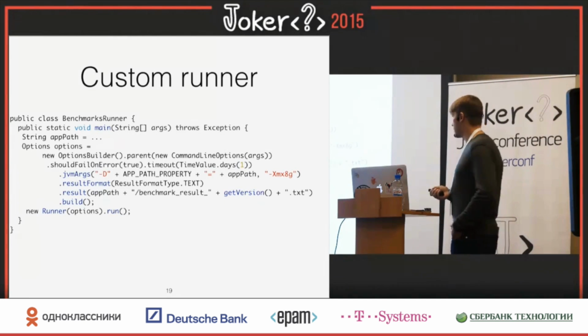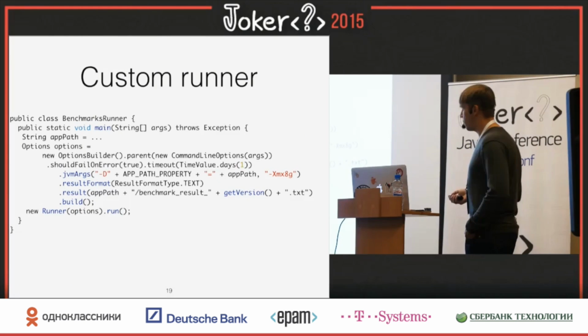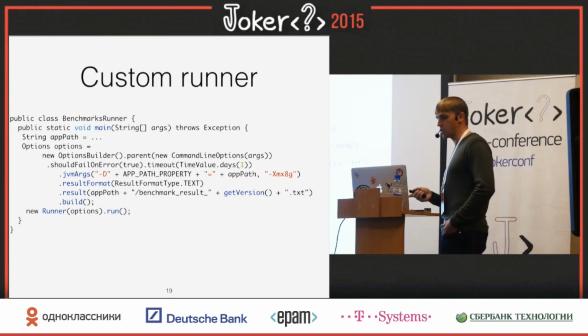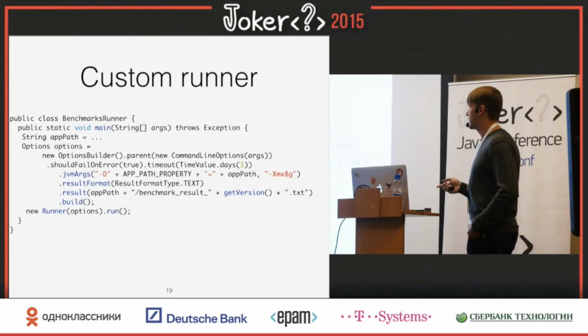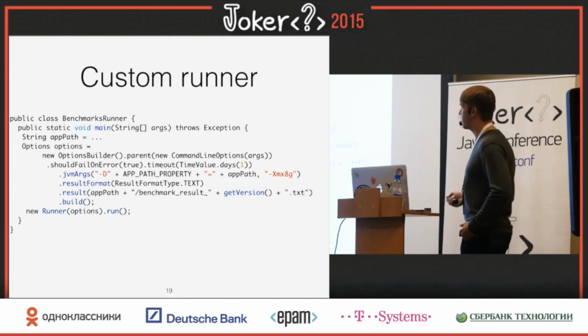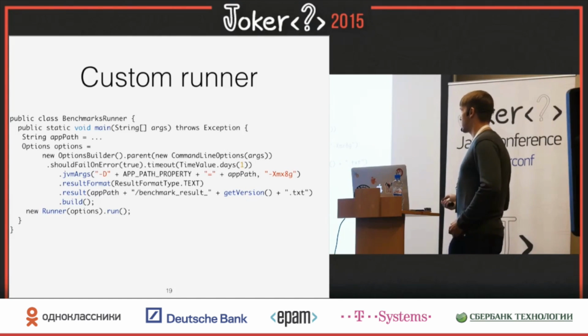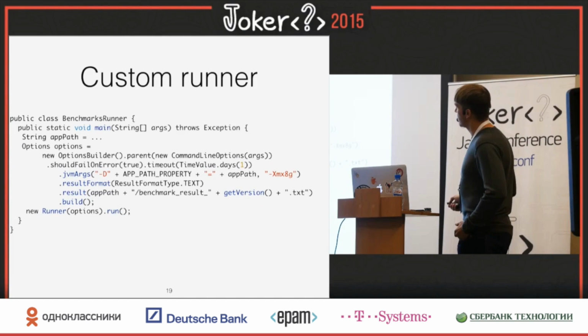Yeah, custom runner. For better or for worse, we need to do certain configuration that doesn't allow us to start our application directly from the command line when we have a fat jar. So we use the full power of the JMH API, and this is awesome. Here I'm starting with the options builder to build my options, but the important line is this, where I say new command line options.